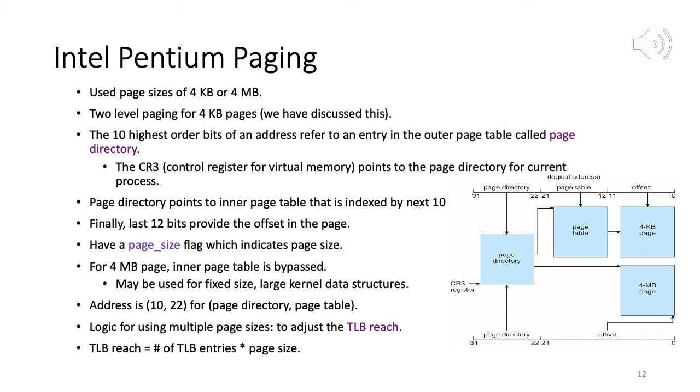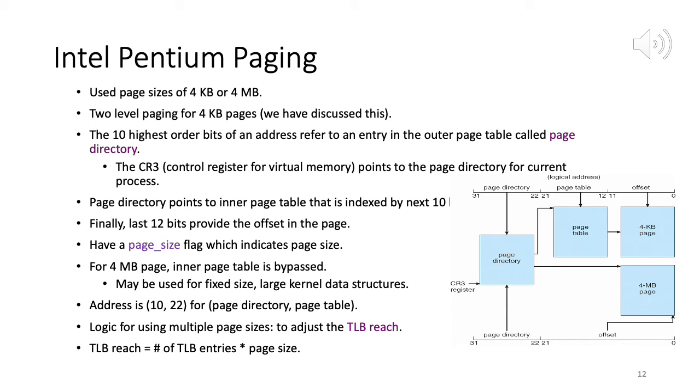So we have 2 raised to 20 entries, and we are chopping that page table down into chunks of 2 raised to 10 entries, and we have 2 raised to 10 such chunks. This is the exact example that we discussed in our two-level paging. Finally, the last 12 bits provide the offset in the page. So 12 bits means 2 raised to 12 is 4K.